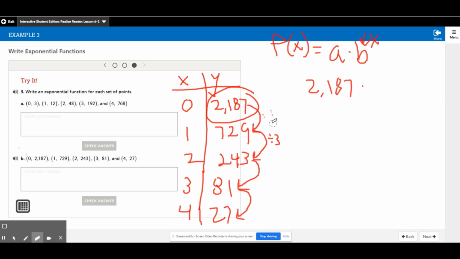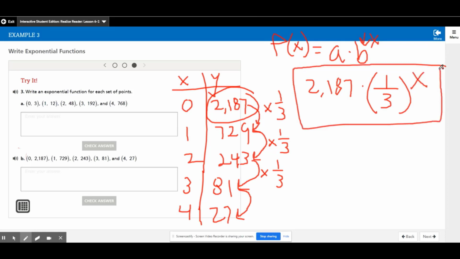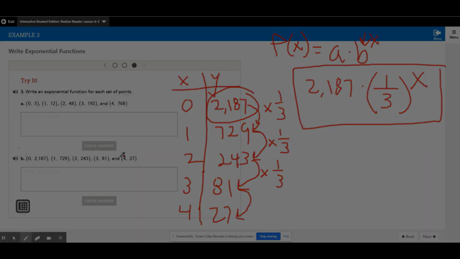What's another way to write divided by 3? Multiplying by 1/3. Multiplying by 1/3, and that's how we're going to get the next number. So your constant ratio is actually 1/3, and there's your answer right there. f of x is equal to 2,187 times 1/3 to the x power.